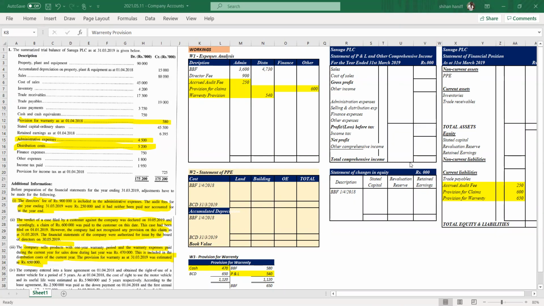Total warranty paid means warranty paid for last year. They made a provision of 580 and actually paid 470. This year's provision is only 650, an assumption; the actual amount will be paid next year. This is why 470 was taken here, and there is a liability for this year. 470 was paid for last year's actual warranty claims. Is it clear, Rama?